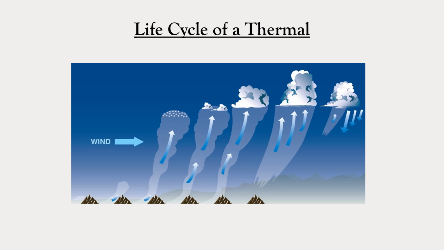So this picture shows a little bit about how thermals form and dissipate. They're not all the same. There's a lot of variety in thermals, but this is kind of an illustrative example of a typical one.